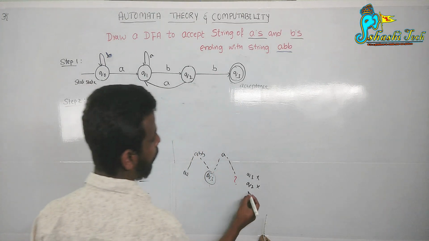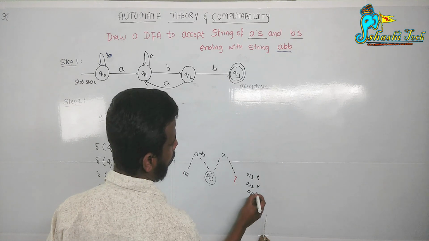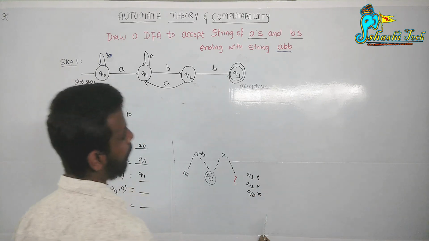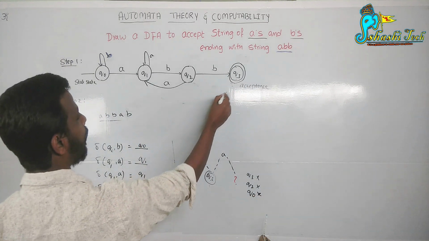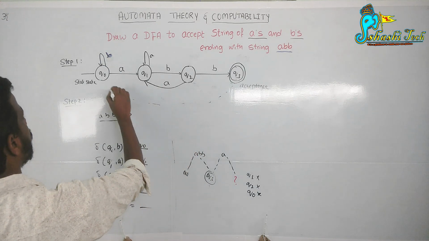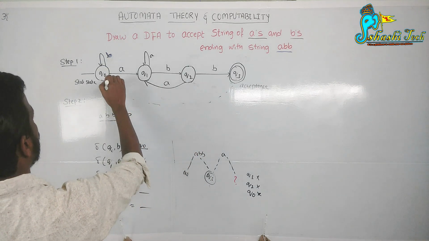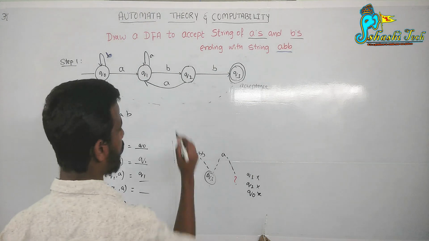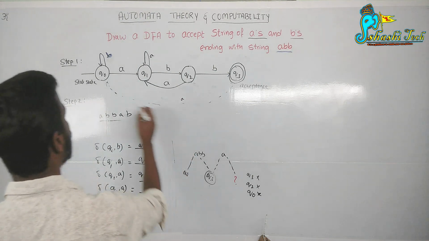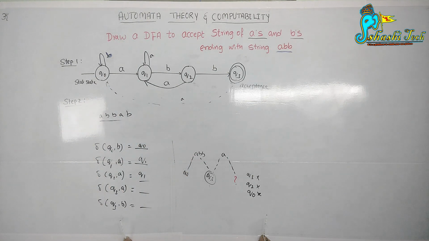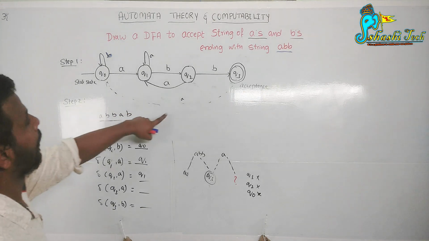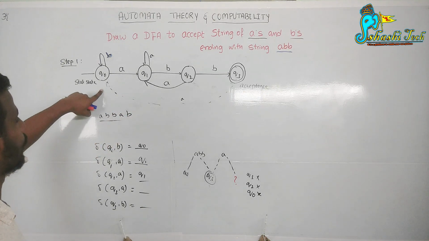Then what is remaining? Q0 is remaining. Okay. Q3 upon accepting A, it is going to reach the Q0 state.